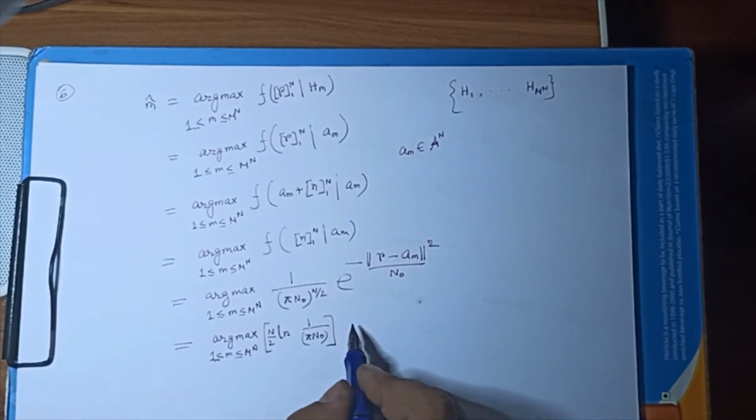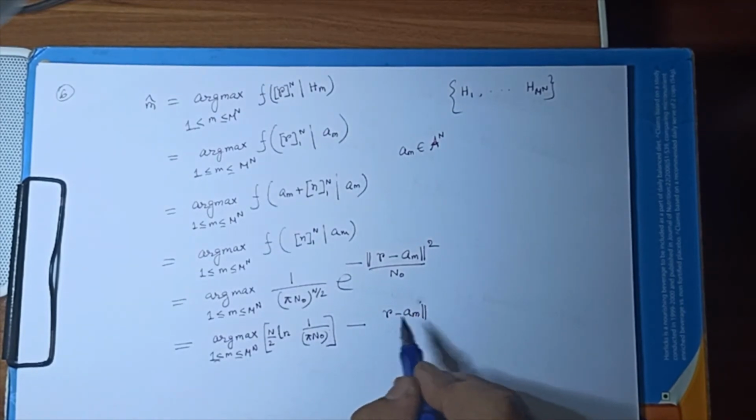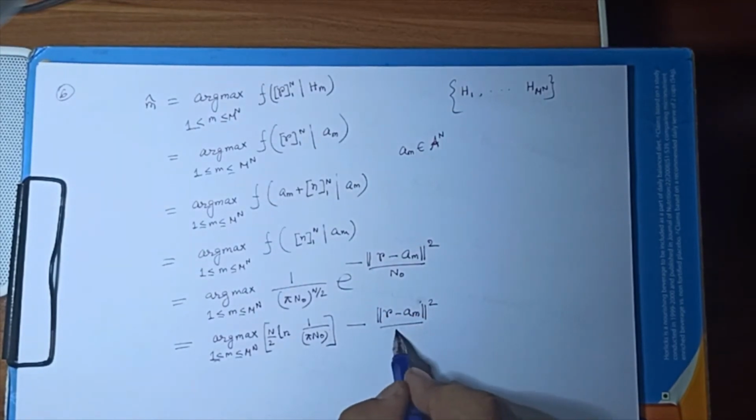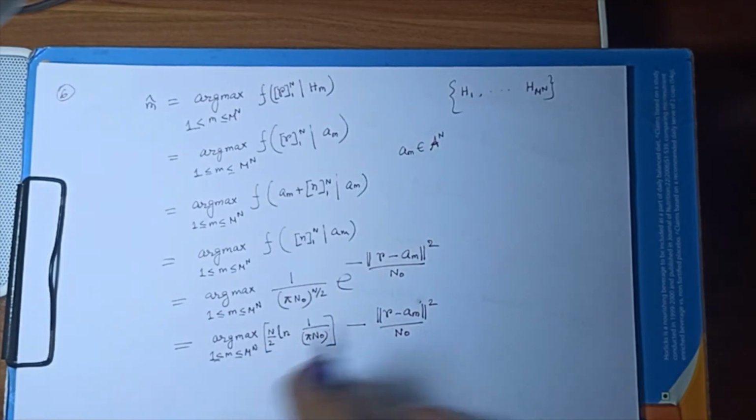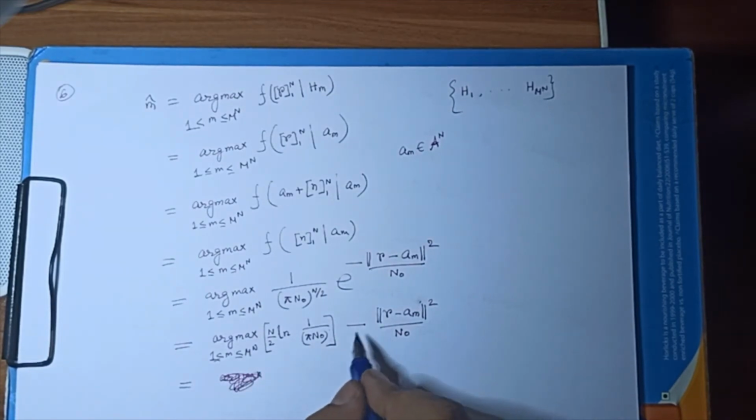This is a constant, minus (r - a_m)^2 / N0. This constant goes out of the argmax, because it appears with all the terms for all m, isn't it? Now there is a minus sign, so I can change from argmax to argmin if I want to get rid of that minus sign.